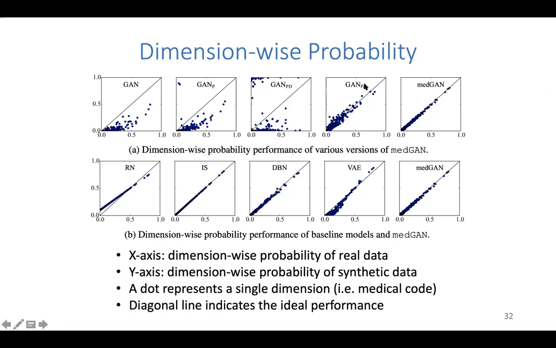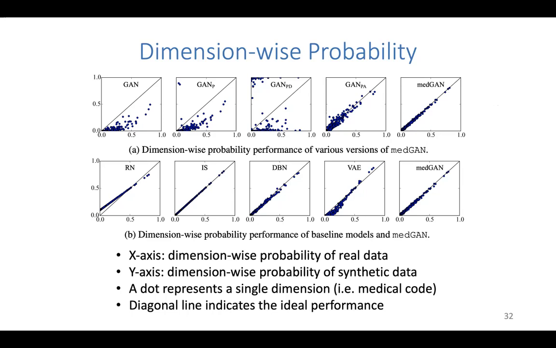When we add the mini-batch averaging, it significantly helps. So if you see from here to here, there's a big quality jump. And now most of the dots are at least scattered around the diagonal line. And if we add the batch norm and the residual connection to the generator, then now we are here. So it is almost a perfect diagonal line.